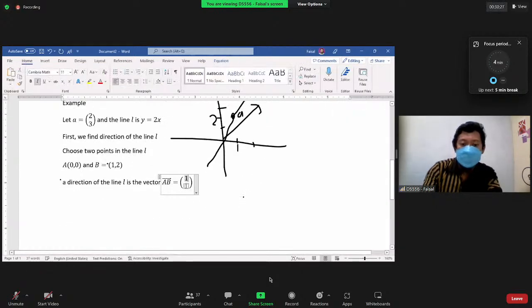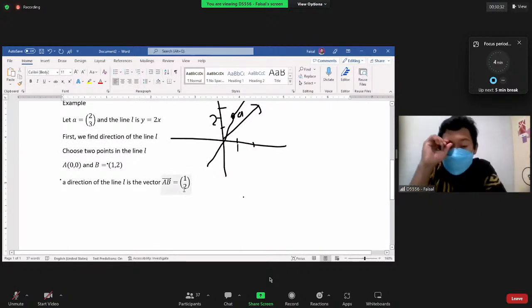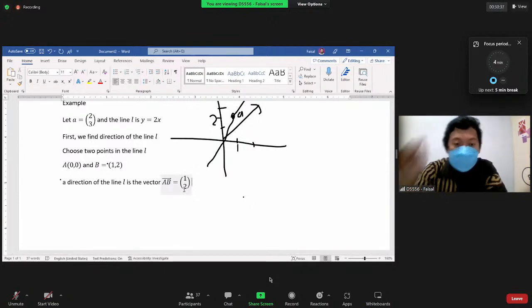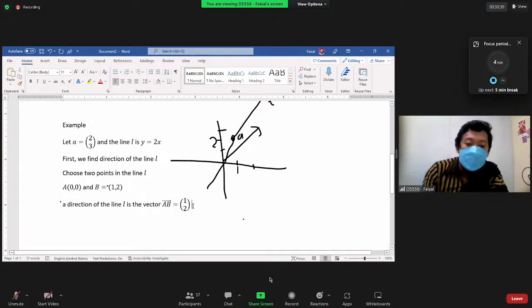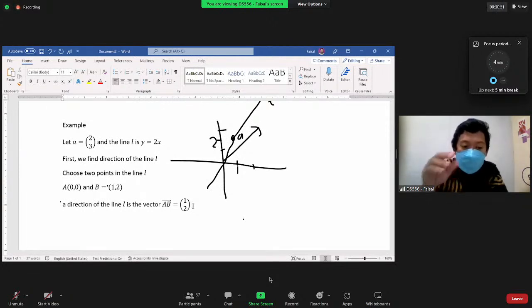So this is one direction, or a vector, parallel to the line L: (1, 2). We can choose a scalar multiple of AB. For example, we can choose other directions like (2, 4), (3, 6), or (1, -1), or (-1, -2).